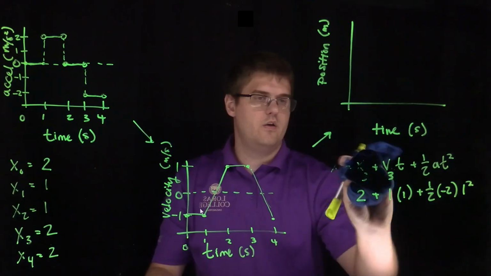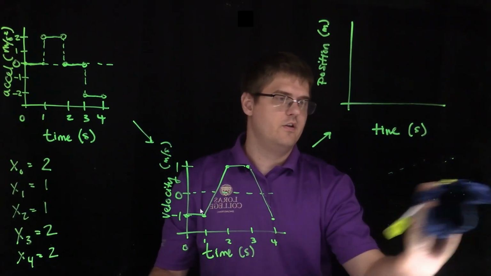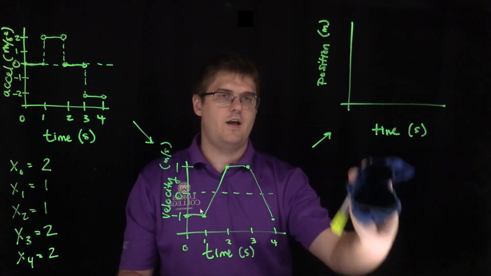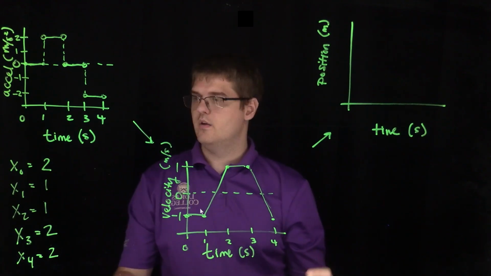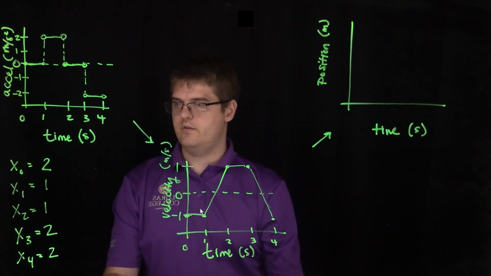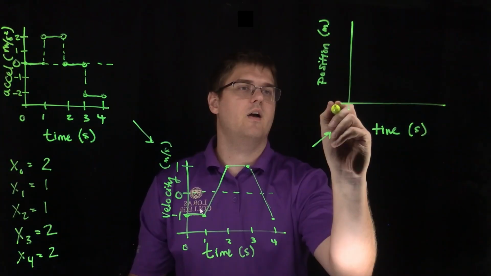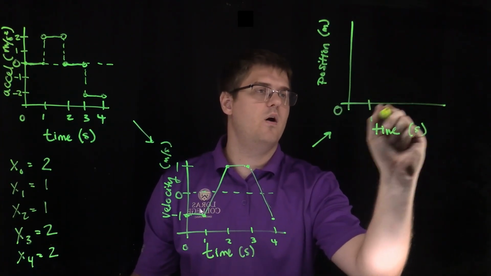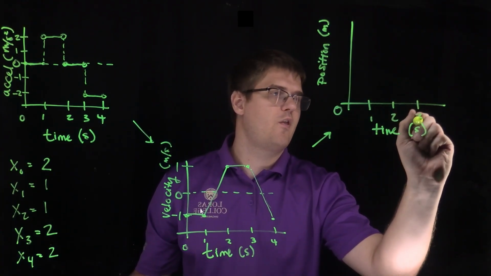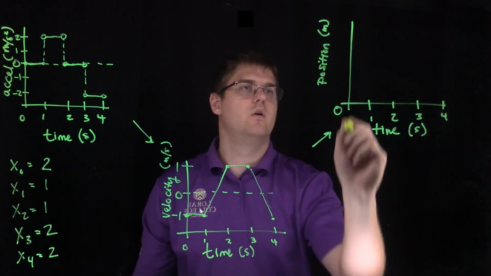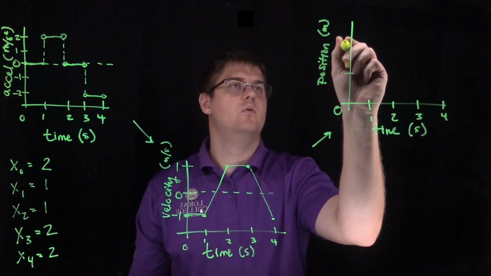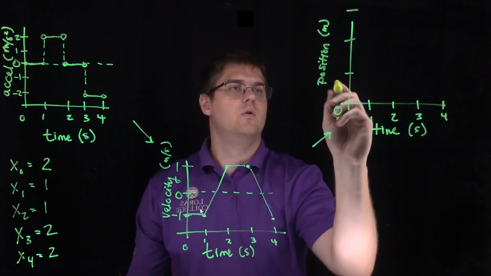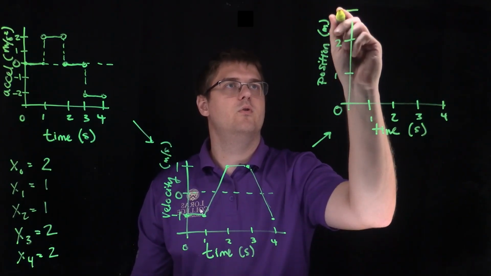Okay. I now know my parameters. So I am staying positive. So I've got 0, I've got time 1, 2, 3, 4, and we will do 1, 2, 3.